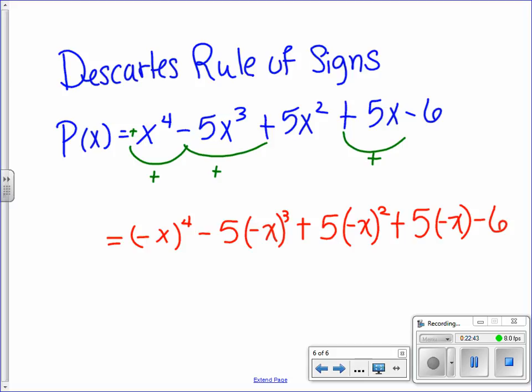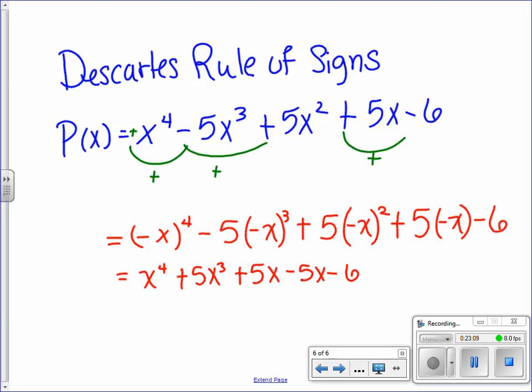Okay, now we remember, we've done this before, negative and even end up being positive. So that's just going to be x to the 4th. Negatives and odds change signs. It's still going to be plus 5x minus 5x minus 6.